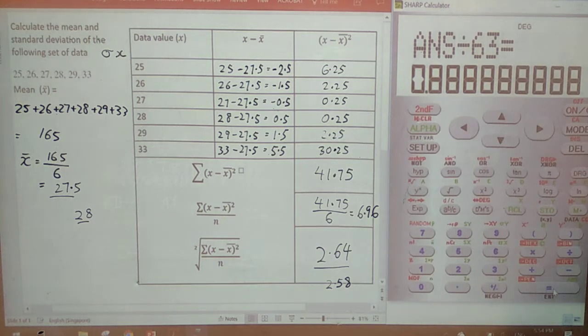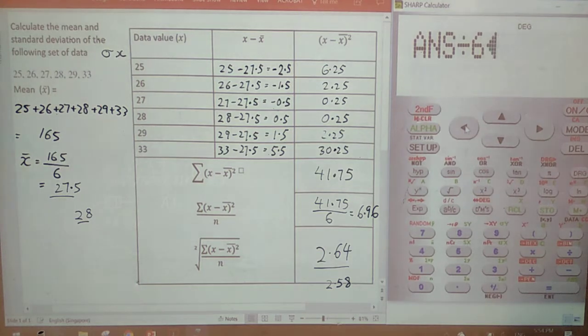Sorry. Yes. So it's 168 divided by 6. All right. So 28. So I have made a mistake. I made a monumental mistake when I added the values.